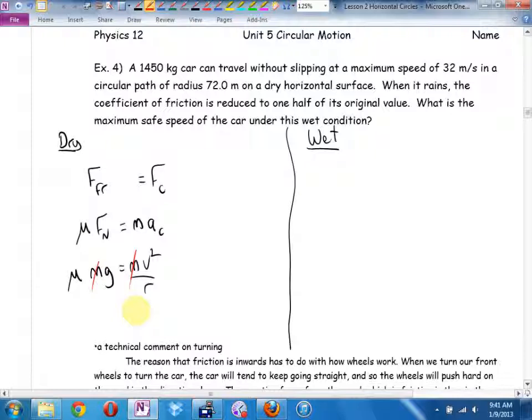So we're going to get mu equals v squared over g r. 32 squared over 9.8, and what's the radius? 72?